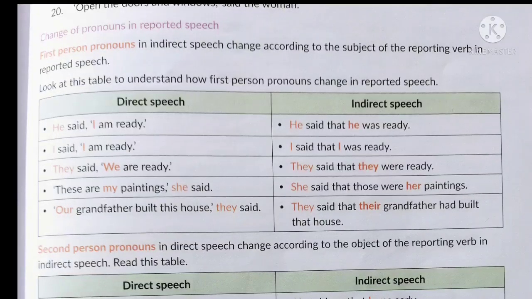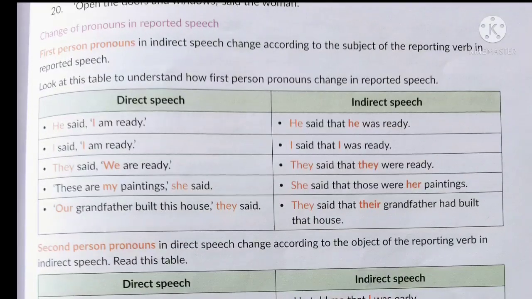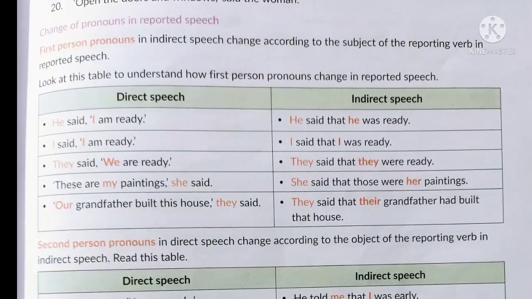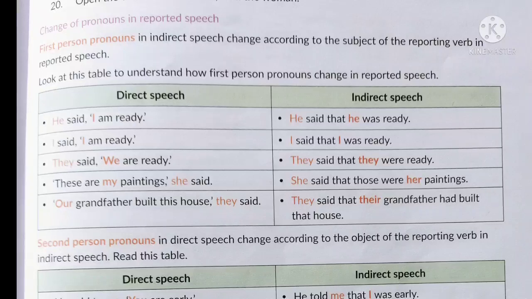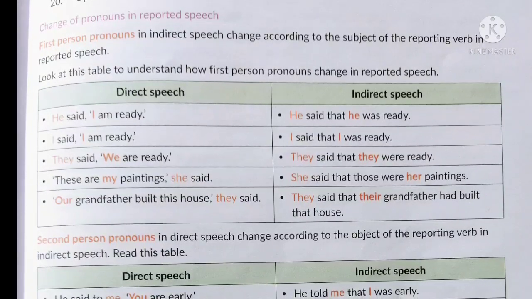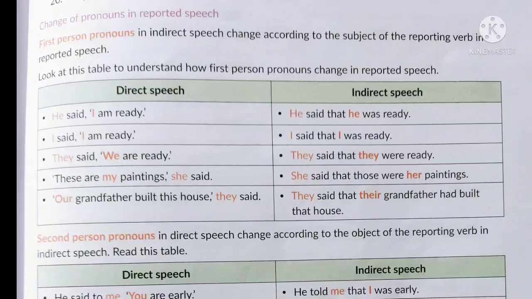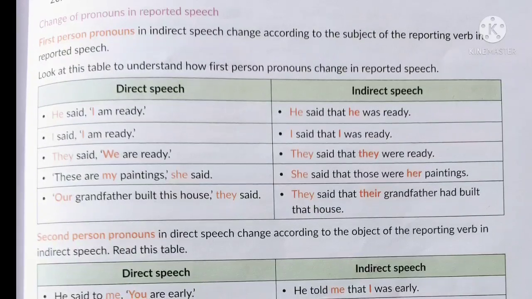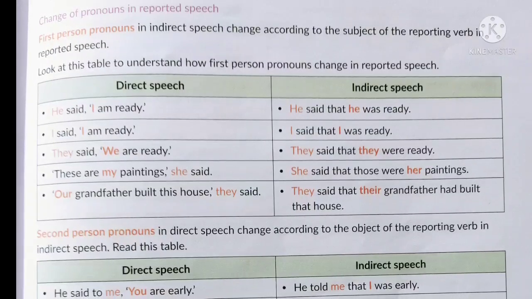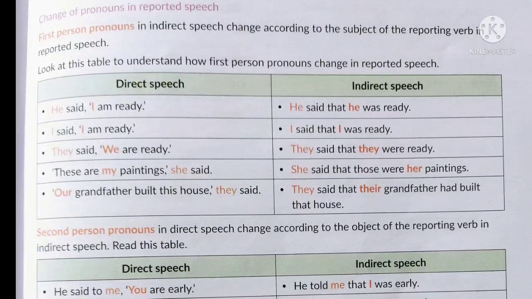Students, there are certain rules when we change direct speech to indirect speech. We will understand them one by one. First, the change of pronoun in reported speech. First person pronouns in indirect speech change according to the subject of the reporting verb. Look at the table given.